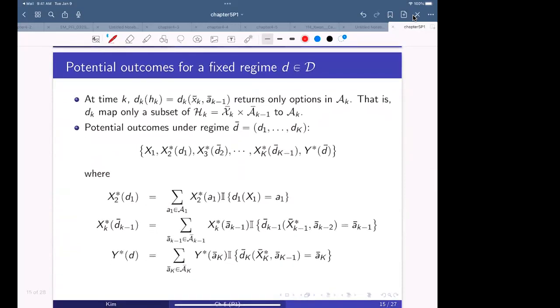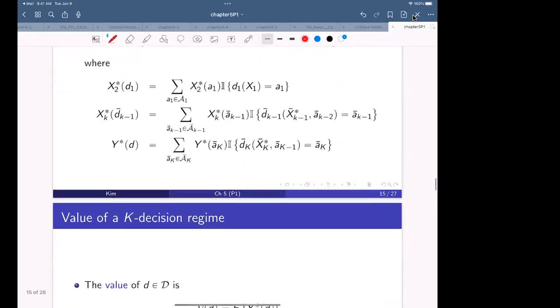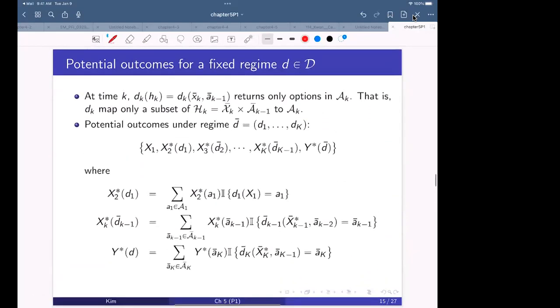So now we are in a position to define our problem. So far we just introduced concepts and notation. At time K, D K of H K returns only options in A K, right?